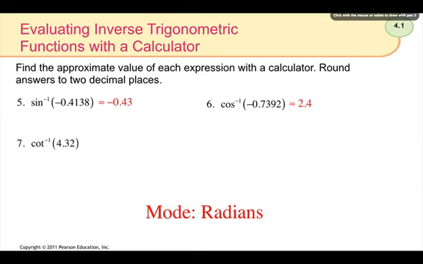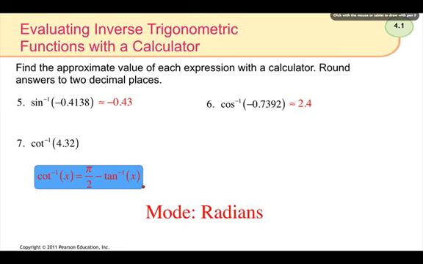Number 7 is cotangent inverse. If you try to look for cotangent inverse on your calculator, you're not going to find that. So this is what I'm going to be using, something that you saw on the previous slide: cotangent inverse of x is equal to pi over 2 minus tangent inverse of x.